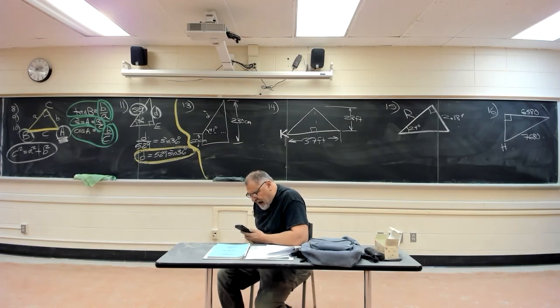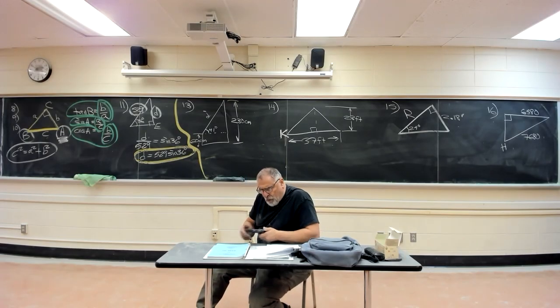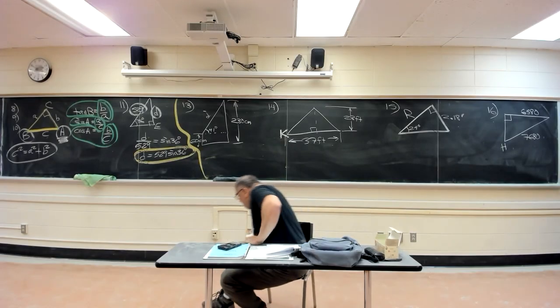So 310.938, they want it rounded to the nearest whole number.